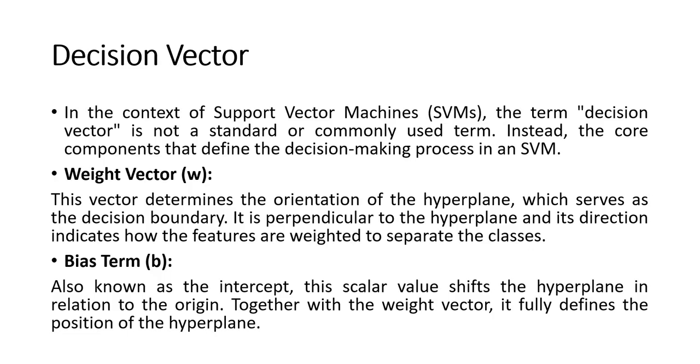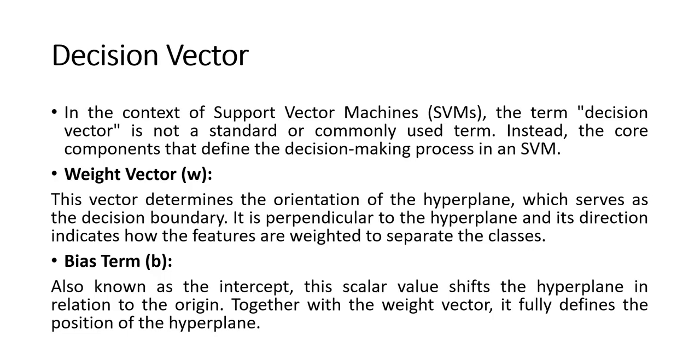For example, credit score may have a weight of 0.8, income may have a weight of 0.6, and age may have a weight of 0.2. The higher the weight, the greater the influence of that feature on the final decision. So the weight vector tells the SVM which features matter the most.